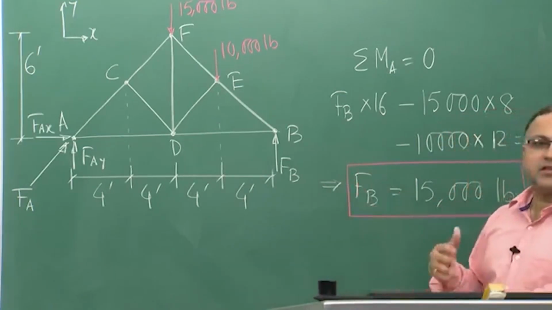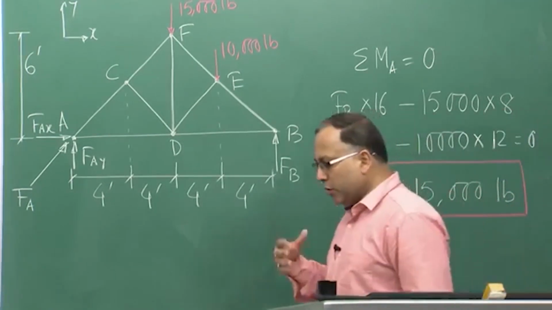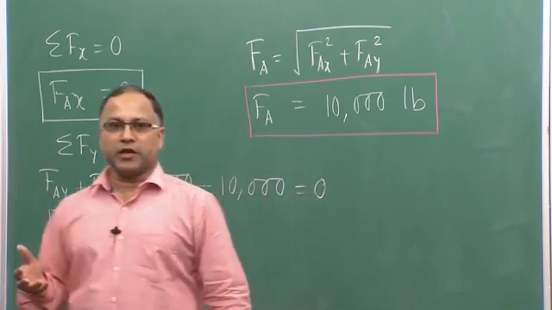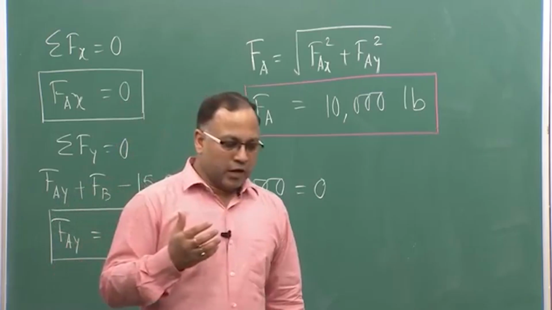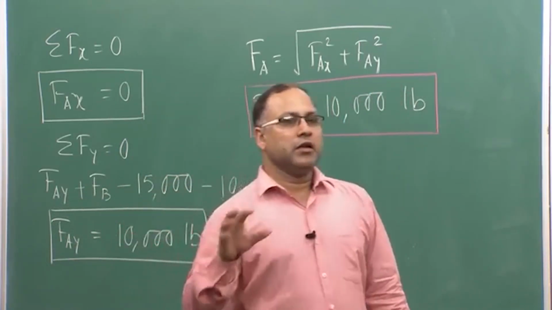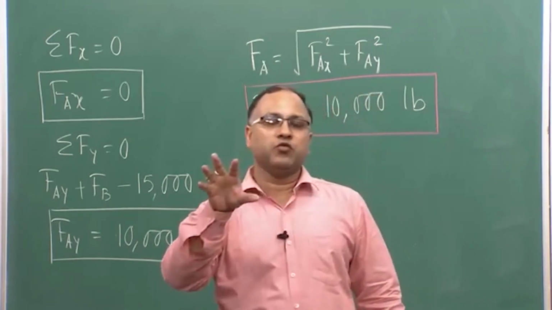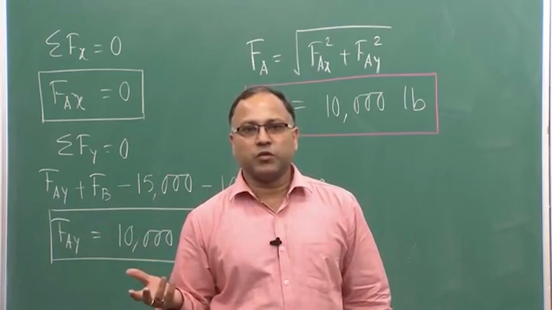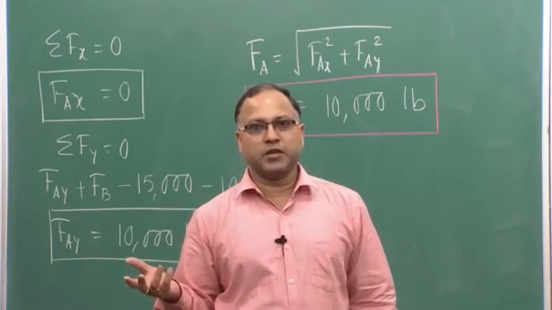That is why this Fax is becoming simply 0. So, now onward in different problems, if we do not have the horizontal force, then even if we have the hinge support, we will not consider the horizontal reaction, because if there is no action, there is no reaction, as simple as that.